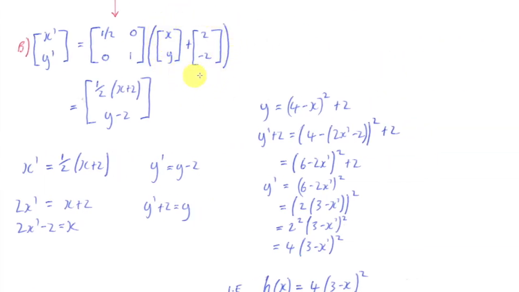So the result of this will give me the original x and y. We pre-multiply by that. It'll give me my new x and y. If we perform that calculation either by hand or on our CAS, we'll end up with this.